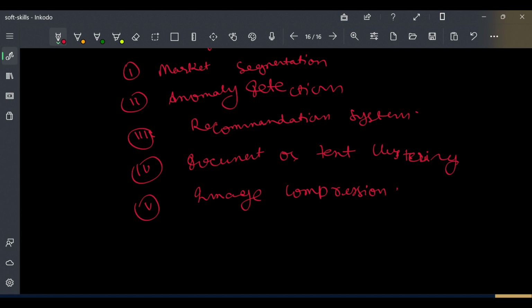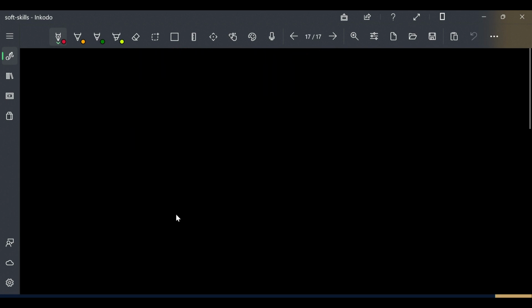So let's talk about some advantages and disadvantages of unsupervised machine learning. Advantages.